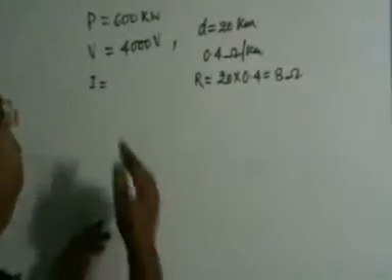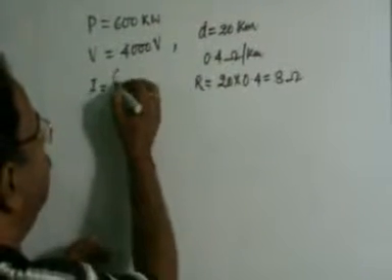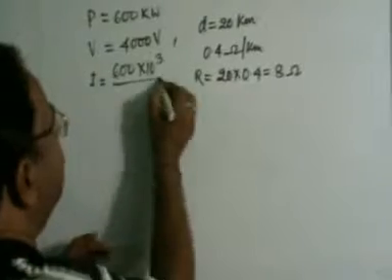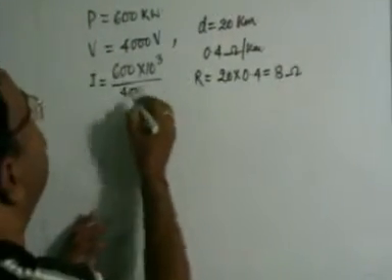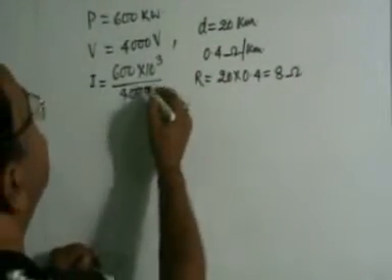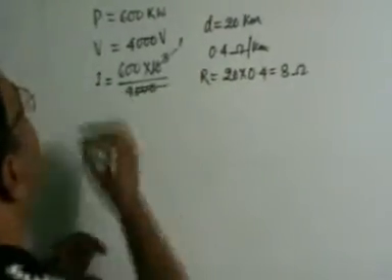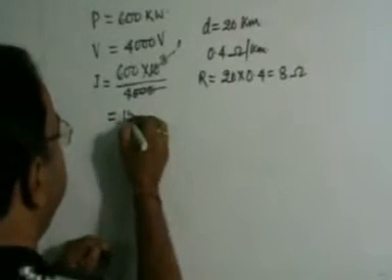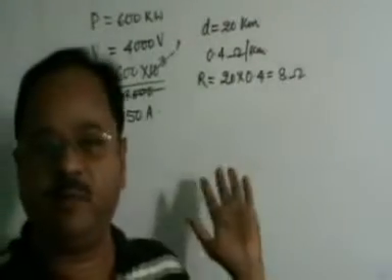This is given by P by V. So 600 kilowatt, that is 600 into 10 to the power 3, divided by applied voltage 4000. The 10 to the power 3 cancels, and this will be equal to 150 ampere. Now the current through the circuit is 150 ampere.